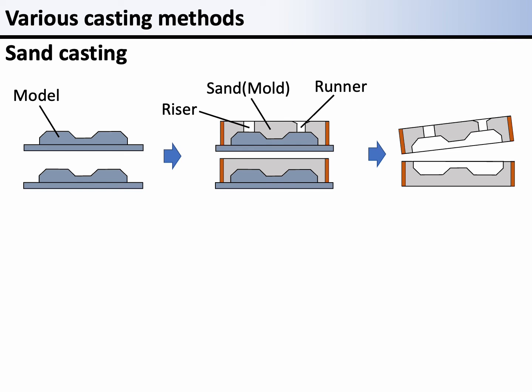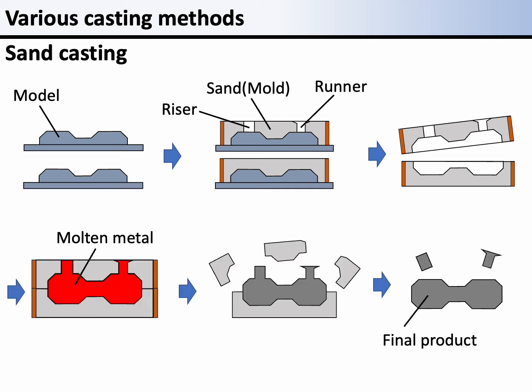If the product needs a hollow shape, a core may be inserted into the mold. The molten metal is poured into the mold. The sand is broken to remove the product after cooling. Finally, the extra portions, such as the riser, runner, and bar, are removed.